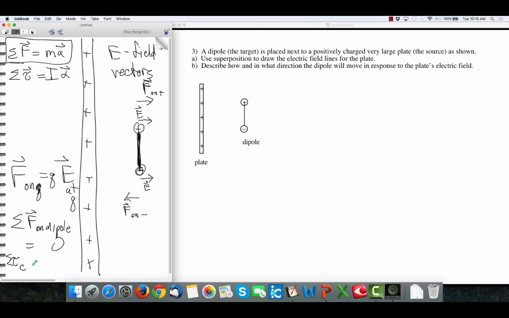There's a net torque clockwise, therefore clockwise motion. The orientation of the dipole changes.